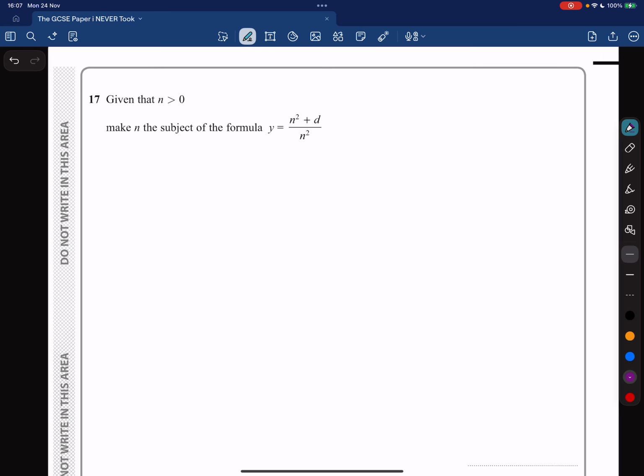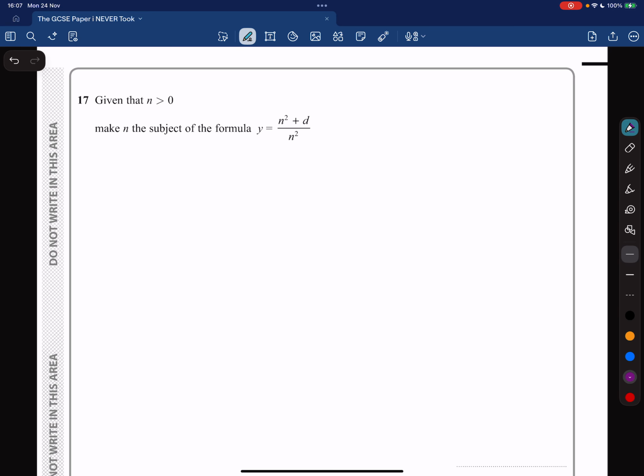Given that n is greater than 0, make n the subject of the formula y is equal to n squared plus d over n squared. Okay, so n squared y is equal to n squared plus d. So n squared y minus n squared is equal to d.